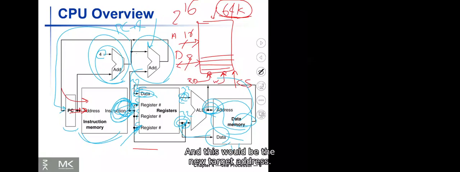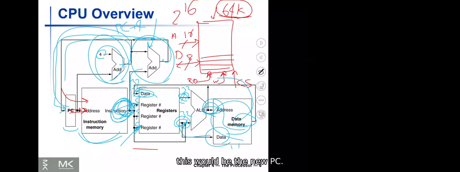And this would be the new target address. If the branch is taken, this would be the new PC. If the branch is not taken, the PC plus 4 calculation here would be the new PC, okay?